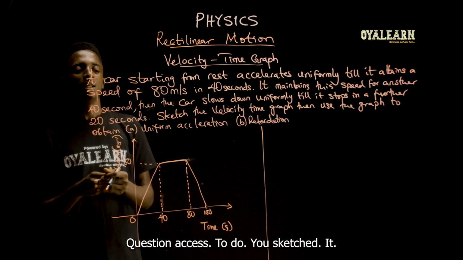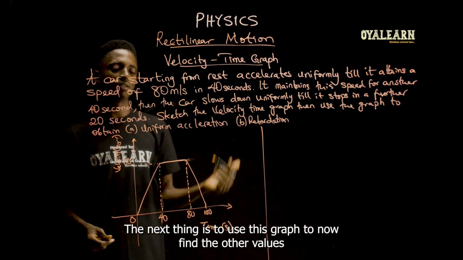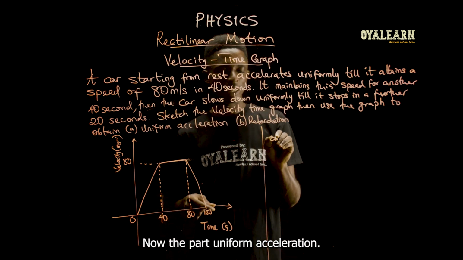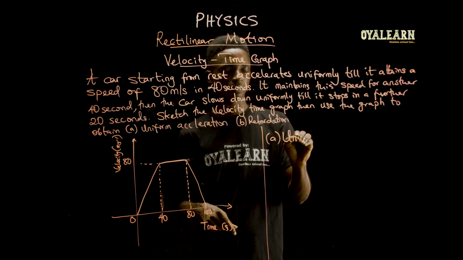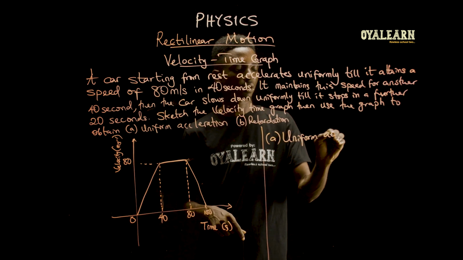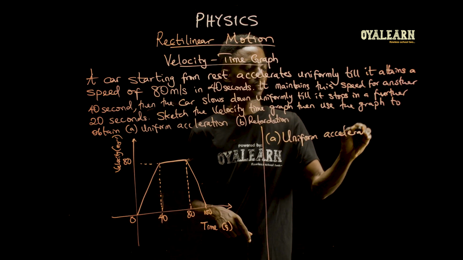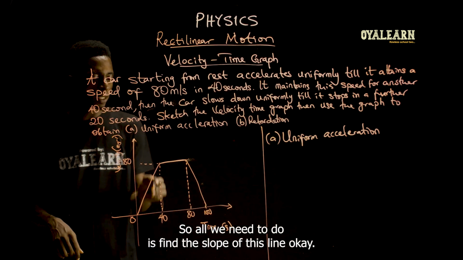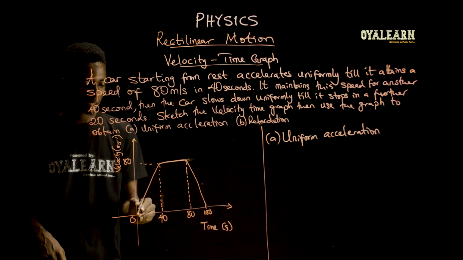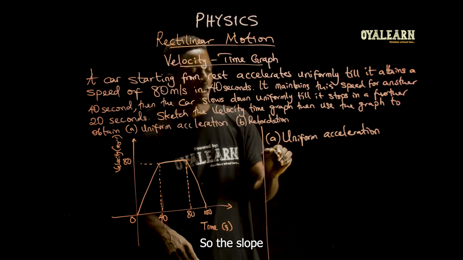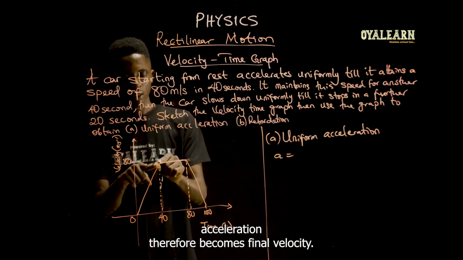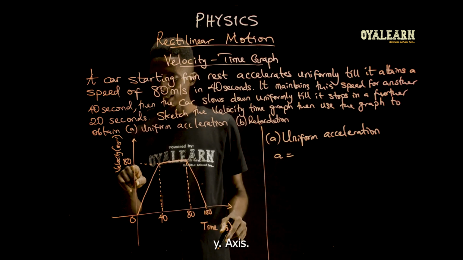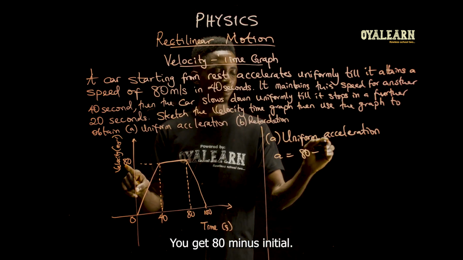You've sketched it. The next thing is to use this graph to now find the other values, uniform acceleration and retardation. Now, the A part, uniform acceleration. Now, remember that the slope of the graph is actually acceleration. So all we need to do is find the slope of this line. Okay? So the slope, acceleration, therefore becomes final velocity. When you trace that to the y-axis, you get 80 minus initial.